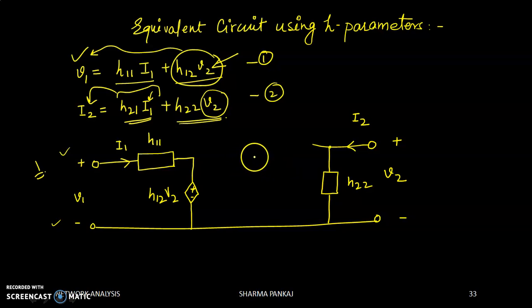Okay, and this will be in series with I2. So this is your current dependent current source. Direction will be as per the direction of I2. This is your H21 I1. That's it. It was so simple to draw by observing these two equations.